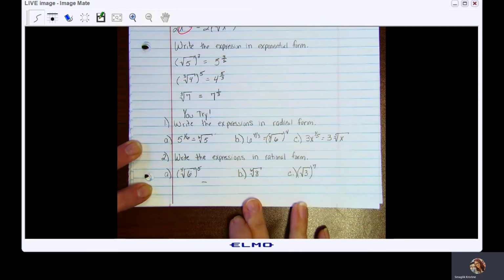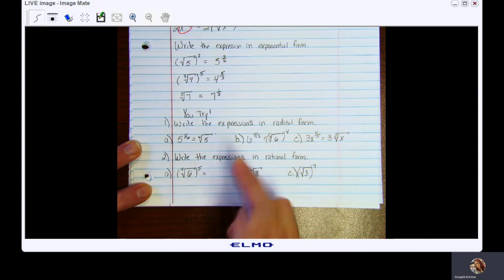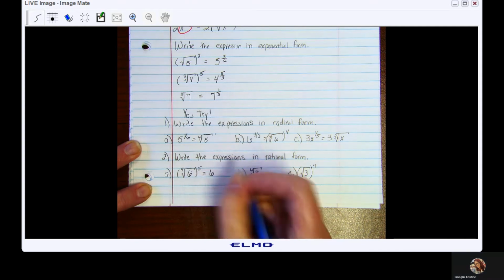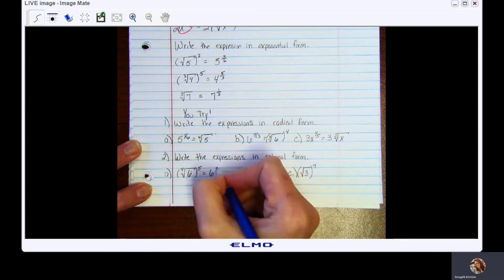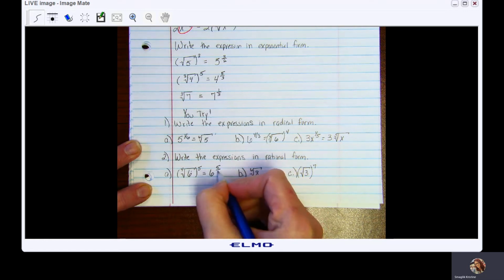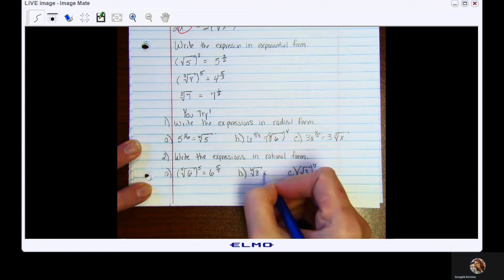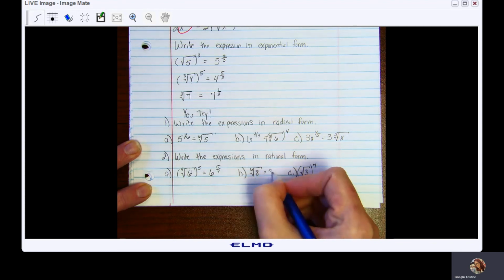And now number 2, let's write these expressions in rational form. My base, which is the radicand, is 6. Exponent is 5. Index is 4. On B, my base is 8.